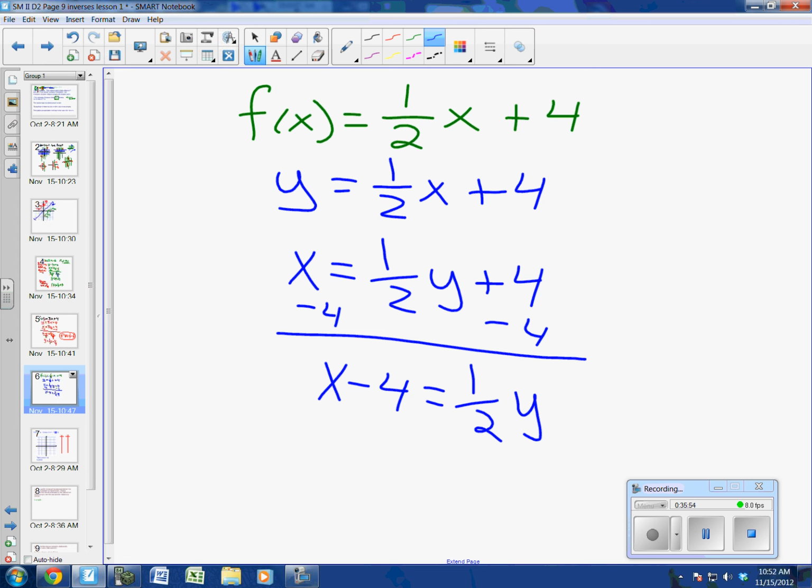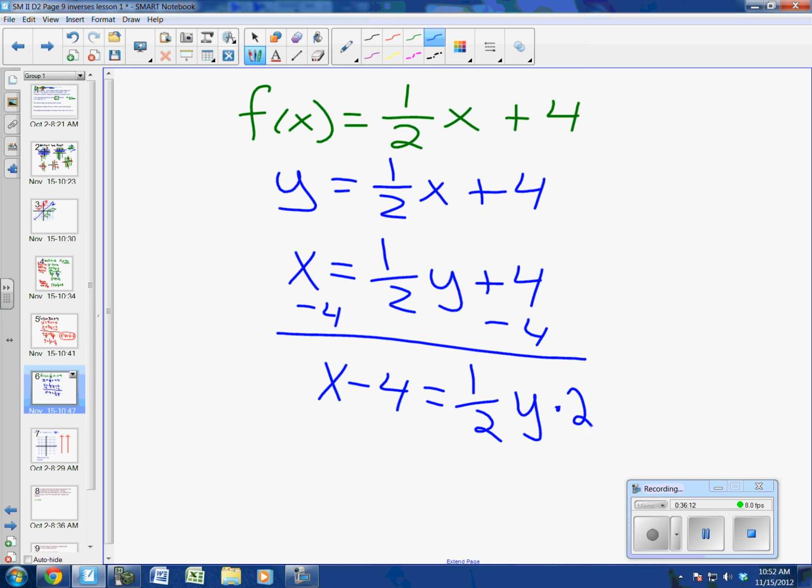And then you guys, think of it as I've got to get rid of that 1/2 that's being timesed by y. What's the opposite of timesing by 1/2? Timesing by the reciprocal. Some of you guys thought of it as dividing. You can divide it by 1/2, but it's the same thing as timesing by the reciprocal. What's the reciprocal of 1/2? 2.